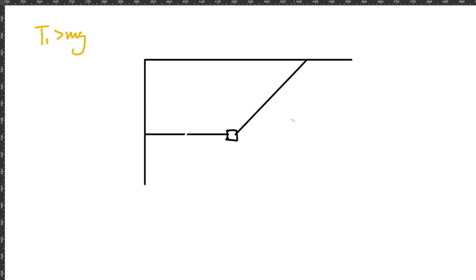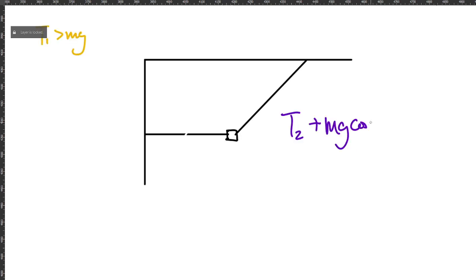So we have T2 plus mg cosine theta, or should it be minus?